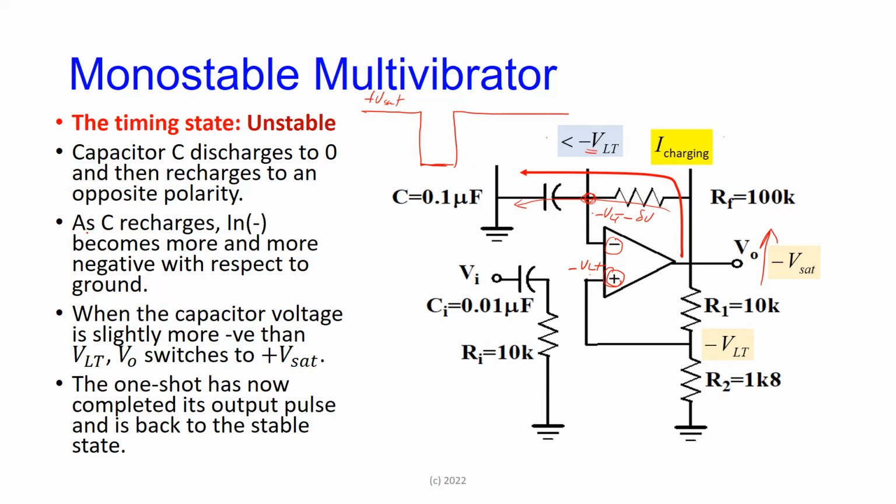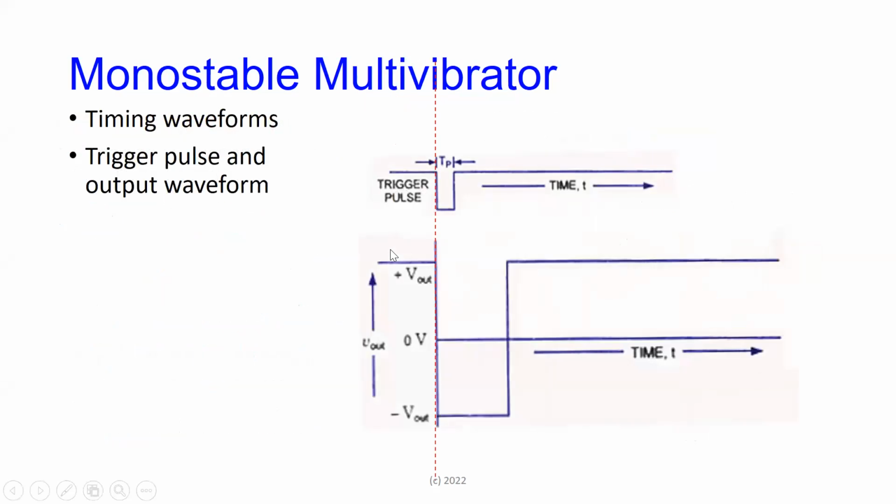So you get a pulse. The circuit gives you a negative going pulse of some duration, and then will return to the positive or stable state. It has completed the output and is now back, ready to work again. All right? So this is the trigger pulse, that negative going pulse here.